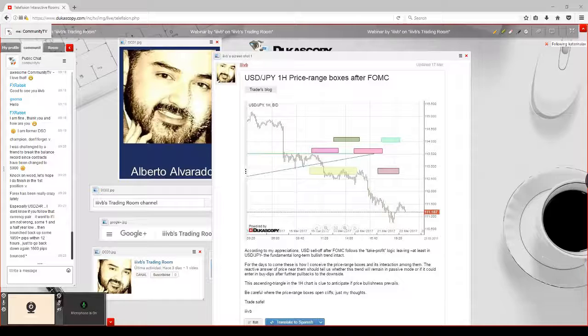So this is the best you can have in the financial markets. Just having compasses of what could happen and when it can happen. And if you realize, in trading the timing is much more important than the direction.